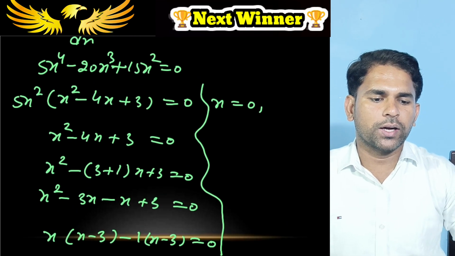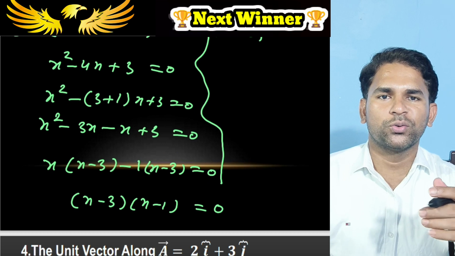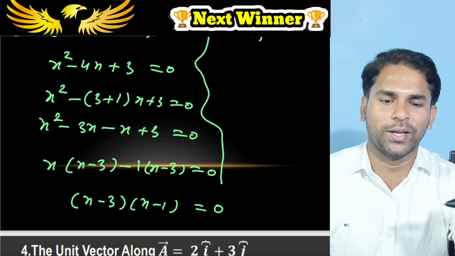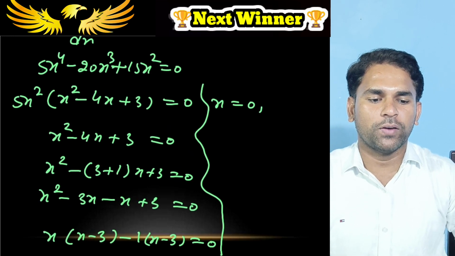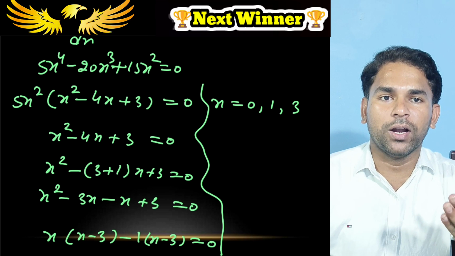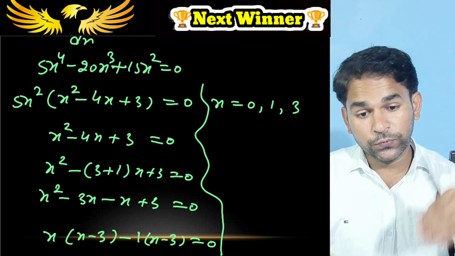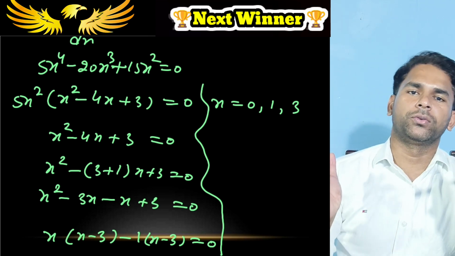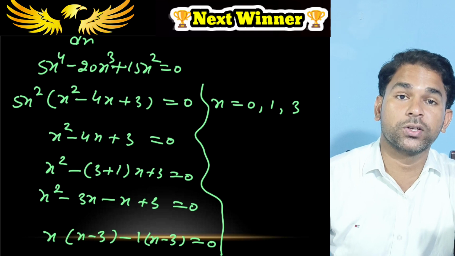So now finally you can write how many possible values we have. So we can write possible values of x: 0, 1 and 3. It means 3 values, x is equal to 0, x is equal to 1, x is equal to 3. This function will give the maximum values. If you want to check, you can place them one by one, no issue, this is your duty.